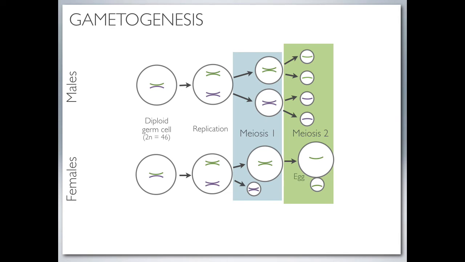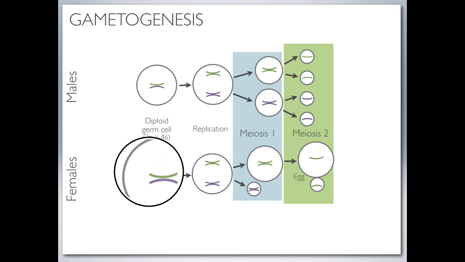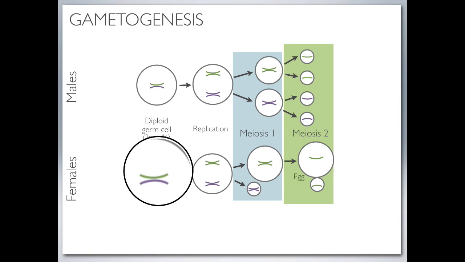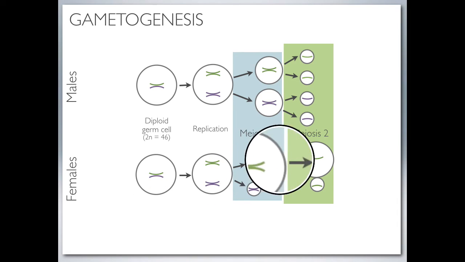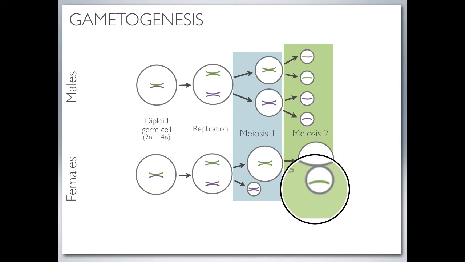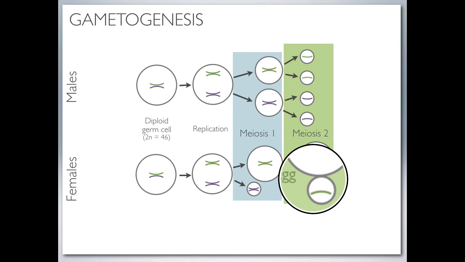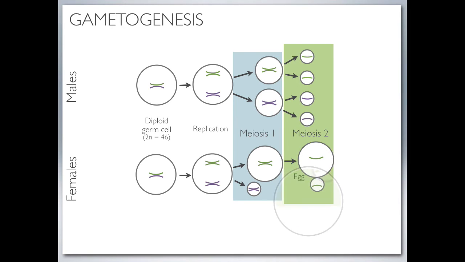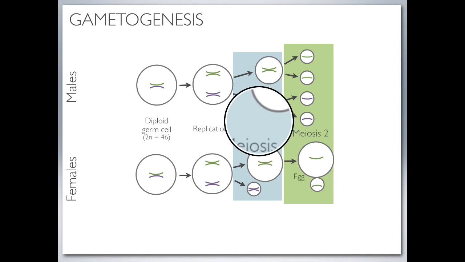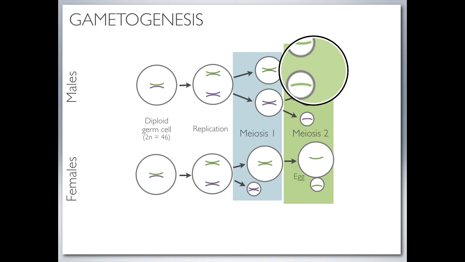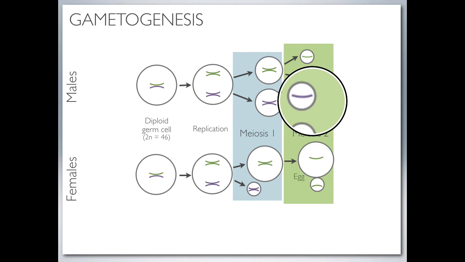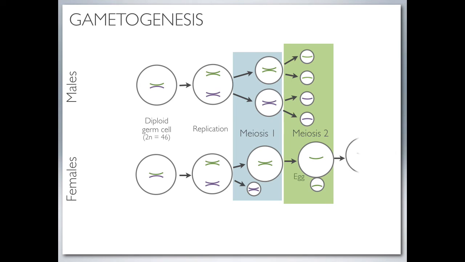So this is how females produce 1 egg out of each, this is called an oocyte, each germ cell that ends up producing eggs. So each one of these cells produces just a single egg. We have these vestigial little cells called polar bodies that sort of shrivel up and become nothing. And whereas in the males, we have all 4 chromatids eventually producing gametes that grow tails and start swimming around.